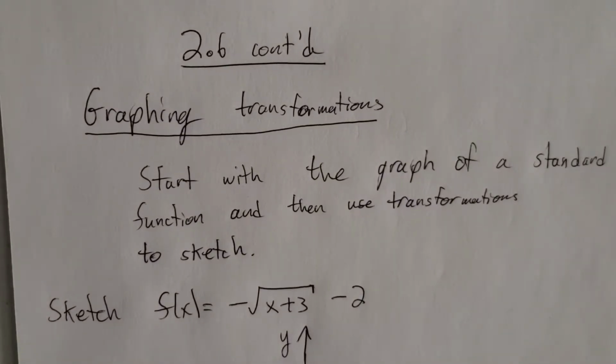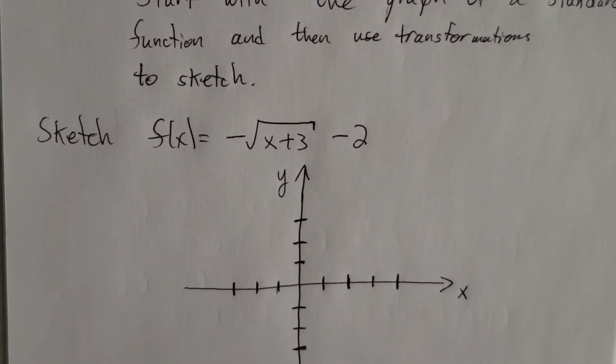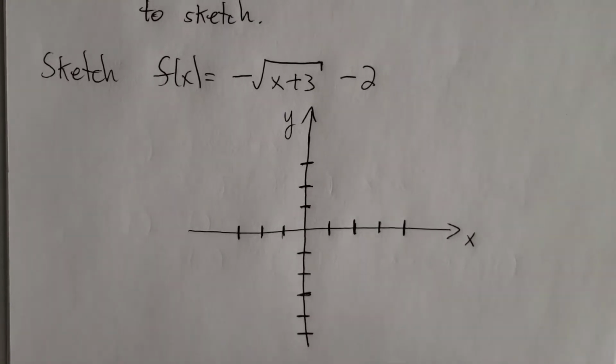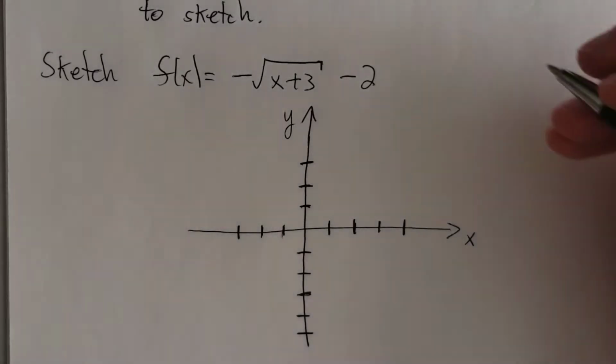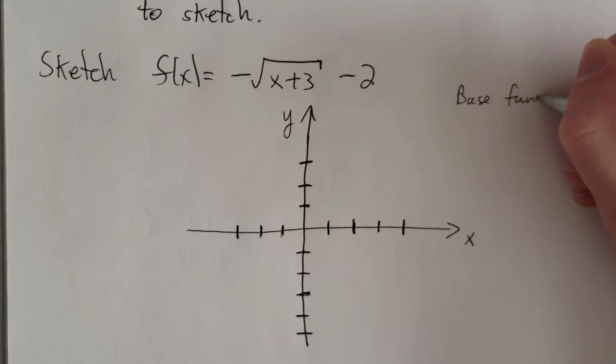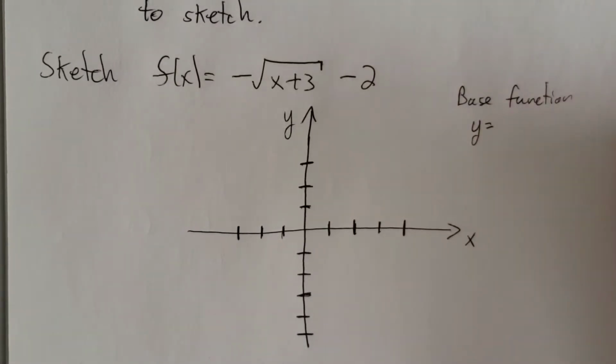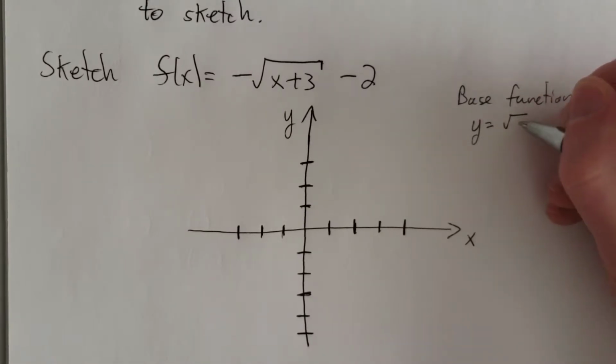And so to do this, what we want to do is start with a sketch of our base function. So here, if we're going to sketch negative square root of x plus 3 minus 2, the base function here is y is equal to square root of x.